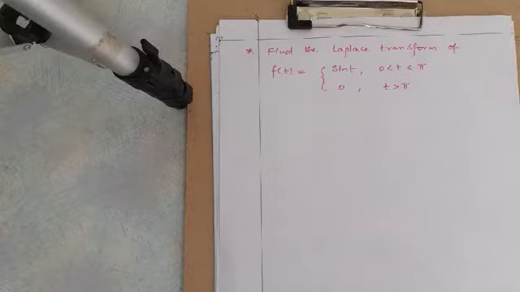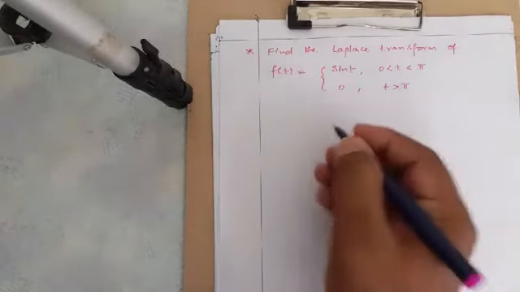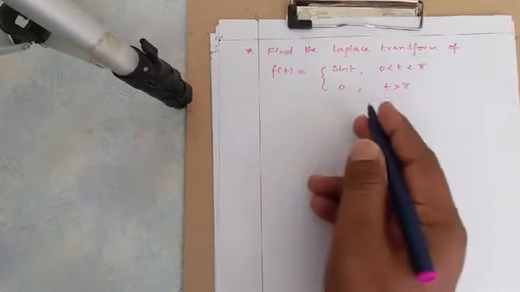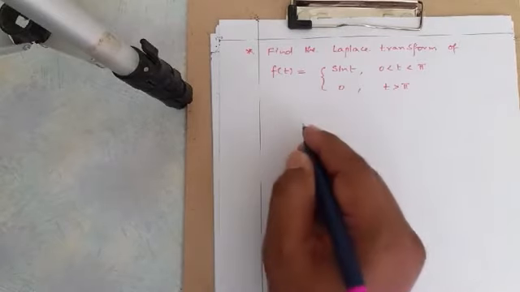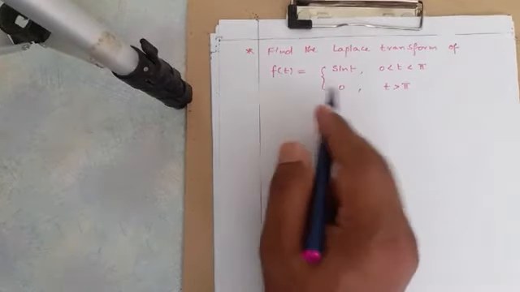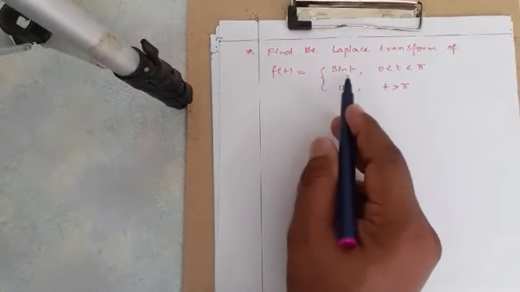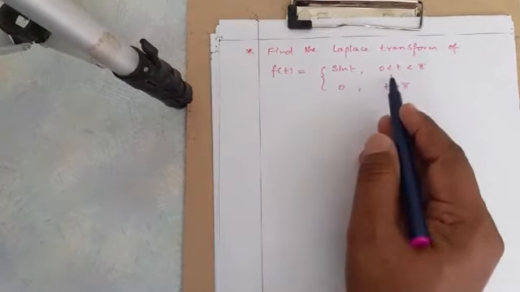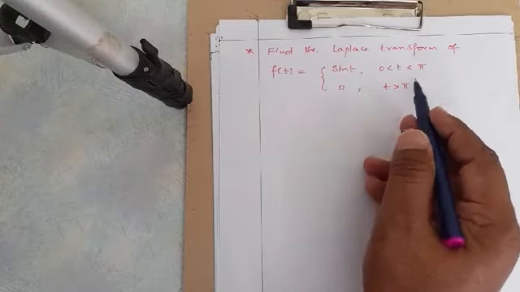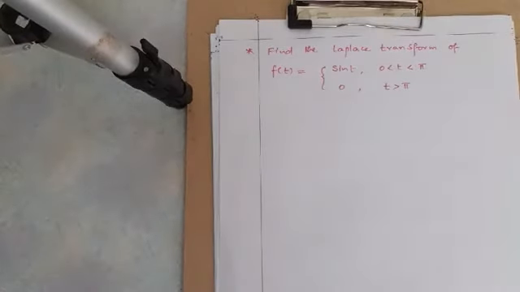So let us have an example of Laplace transform when a piecewise continuous function is given. What is the function given? f of t is given as sin t in the interval 0 less than t less than pi. As I have told you in the definition, there will be an interval from a to b, or a closed interval a comma b.